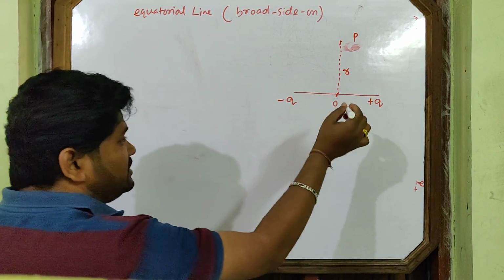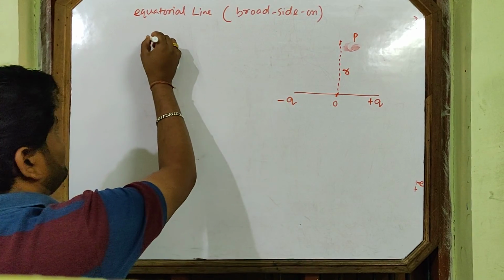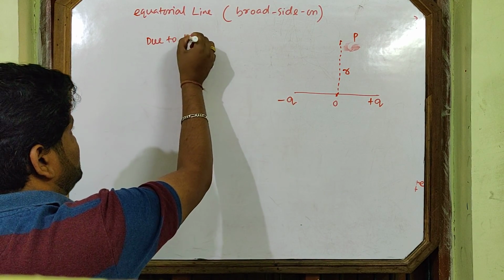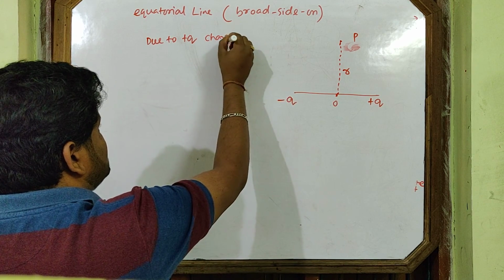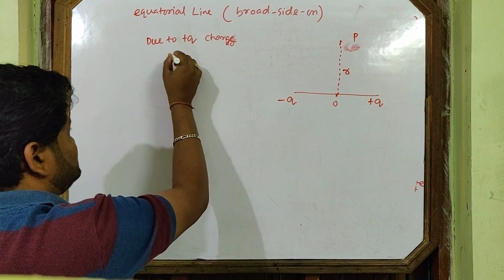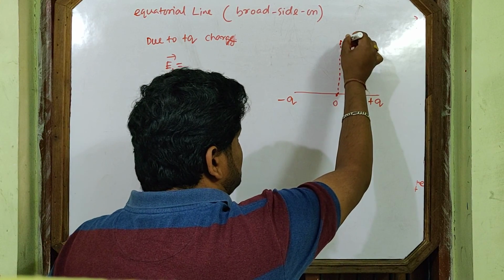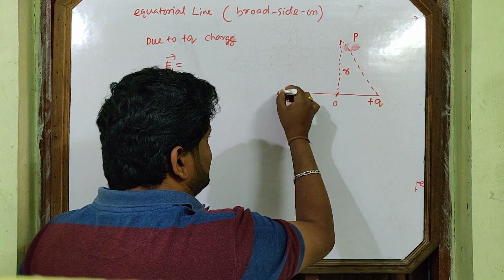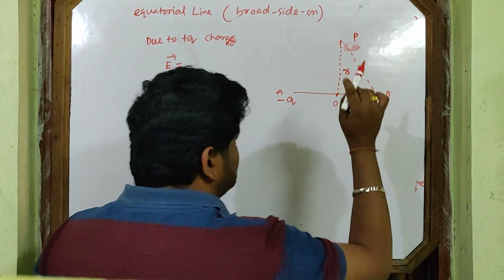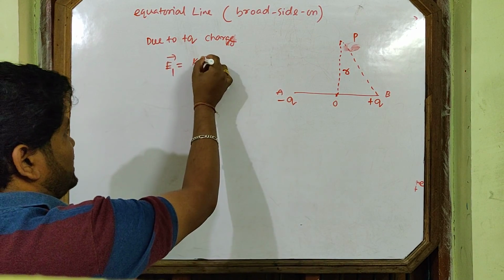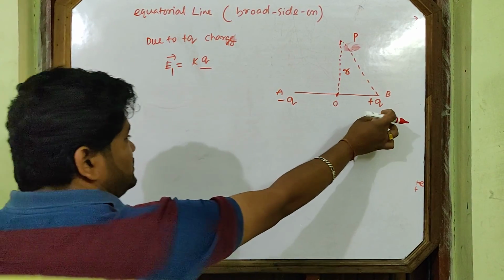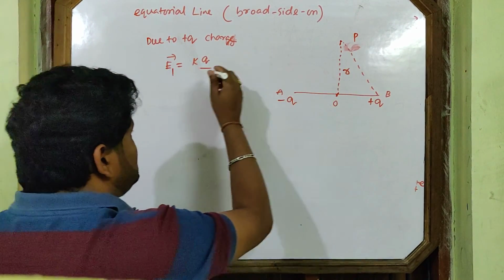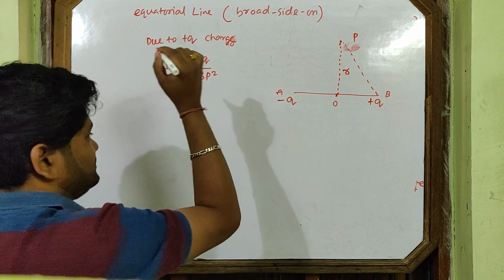First we find it for the plus Q charge. Due to the plus Q charge, first see E1 vector. This distance is equal for us: this is A, this is B. Due to the plus Q charge, same formula, K Q by distance square. From plus Q to the point, what is this distance? B, so B square.